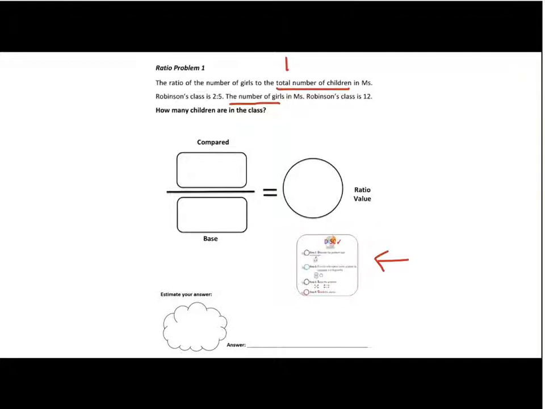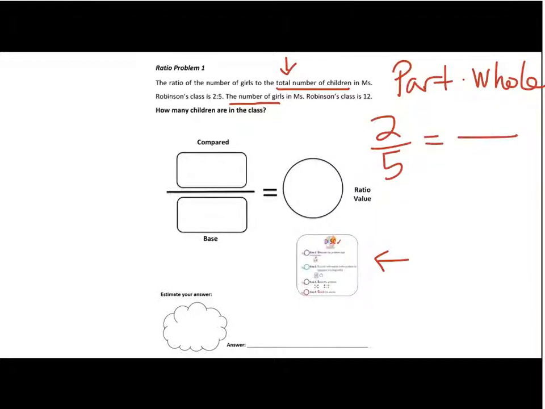That total is key. So this is actually a part to whole ratio. Okay? So if we know that 2 to 5 is my part to whole ratio, or 2 is my part and 5 is my whole, I know an equivalent ratio will actually help me out in this case.